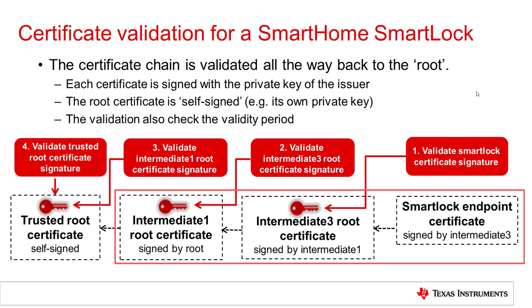It's expected to be already present on the server or device that's doing the actual validation, and we'll explain how it's there in another slide. But hopefully you can see here how we're walking up the chain using that private public key pair model to validate that each certificate was in fact issued by the one that really did issue it. And finally, in addition to checking that certificate was issued by a trusted party, the validation process also checks the validity period for the certificate to make sure that it is still in fact current.